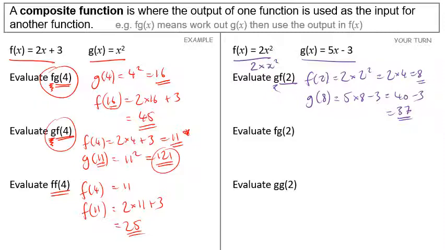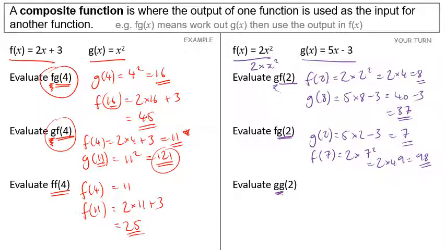For the second one, we're starting with function g. And then we're going to use that in function f. And the final one, we're going to use the same function twice.